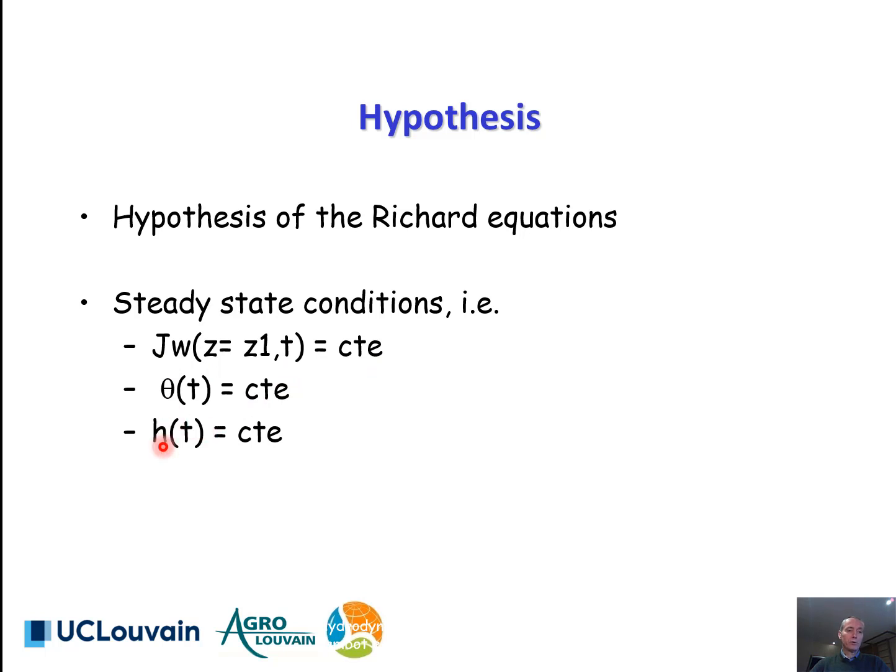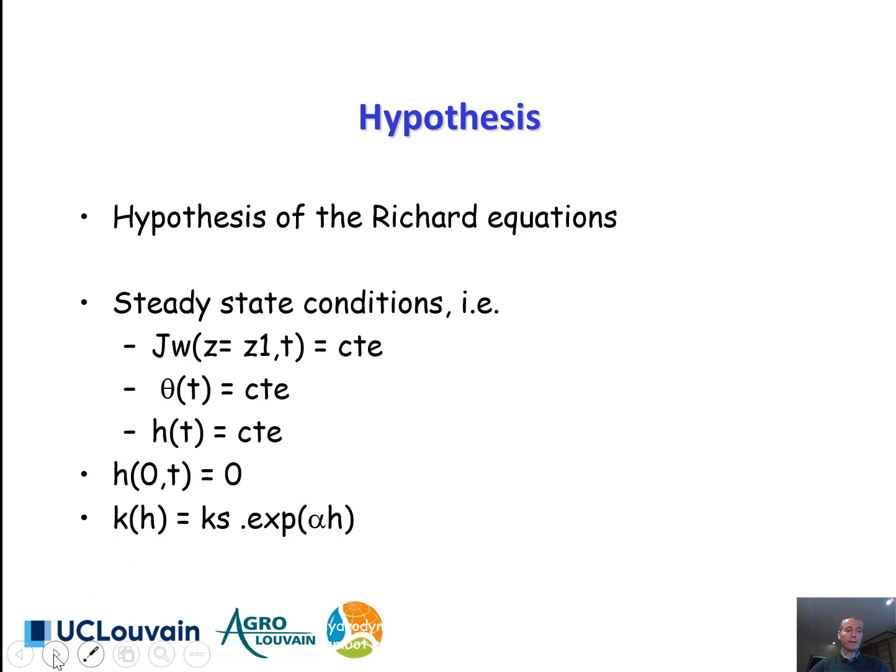Water content and the suction head remain constant in time. And we add additional conditions with respect to the boundary condition. We consider that the suction head at the level of the groundwater table, where the origin of our reference system is positioned, is for all time constant and equal to 0. That means that we consider that the soil is completely saturated at the level where the groundwater table is present.